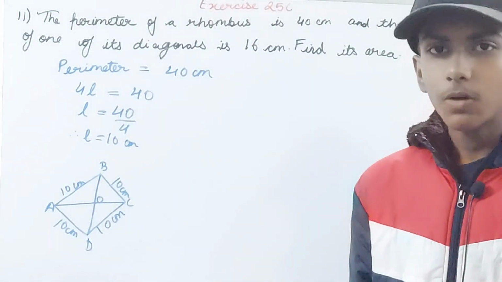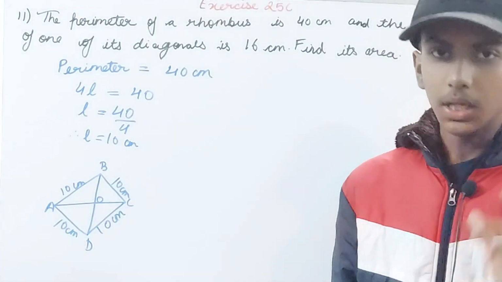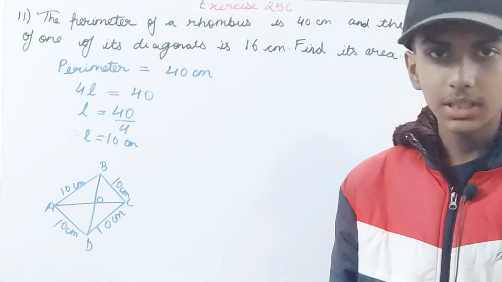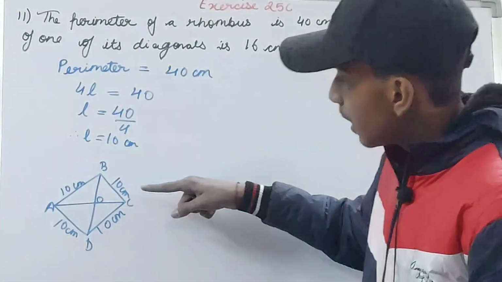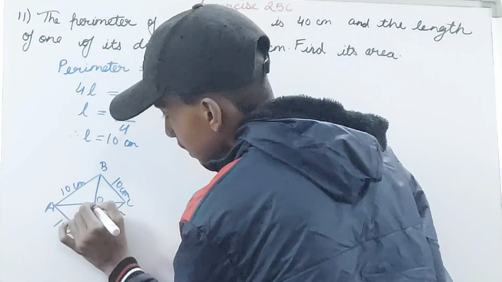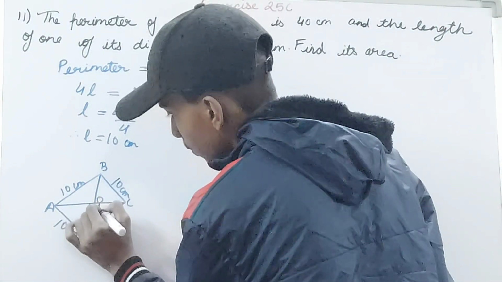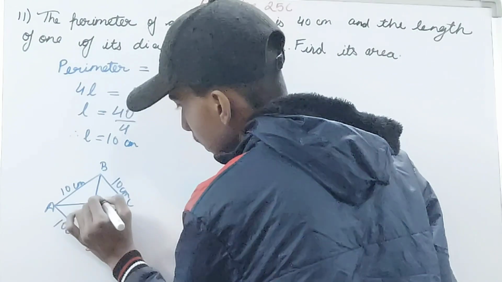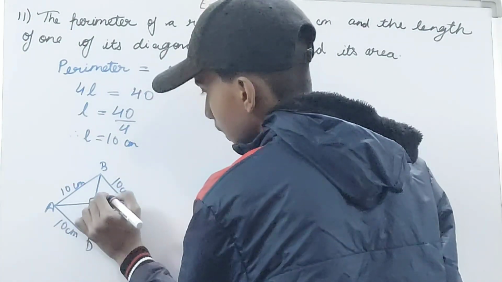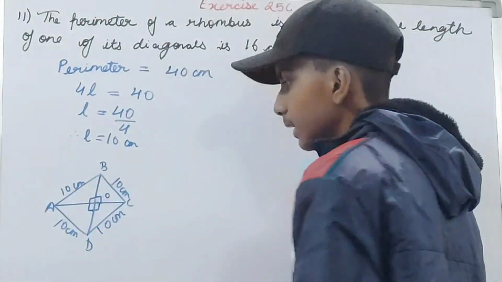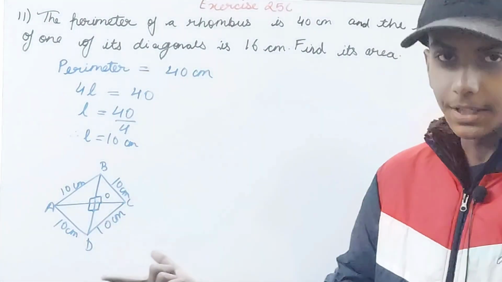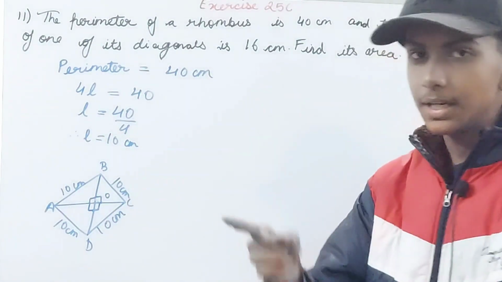Remember, diagonals of the rhombus are not equal, but they bisect each other at 90 degrees. That means if one diagonal is going this way, another diagonal is coming this way, bisecting it into two equal parts at 90 degrees. I've made this small square symbol that shows it's 90 degrees.